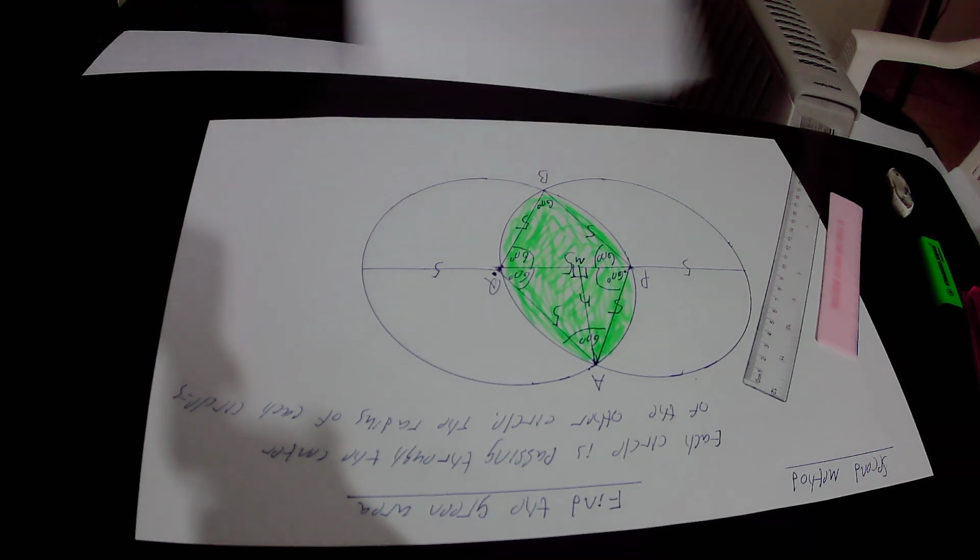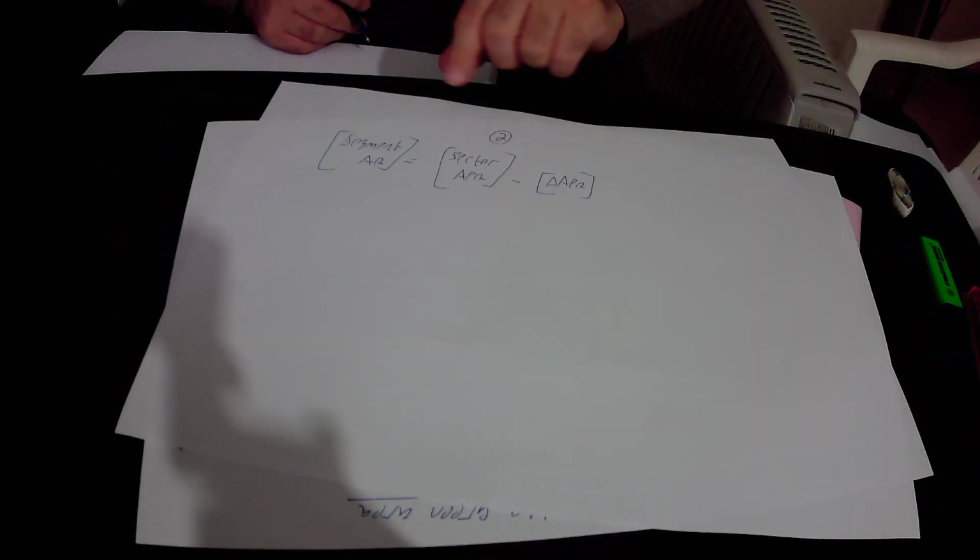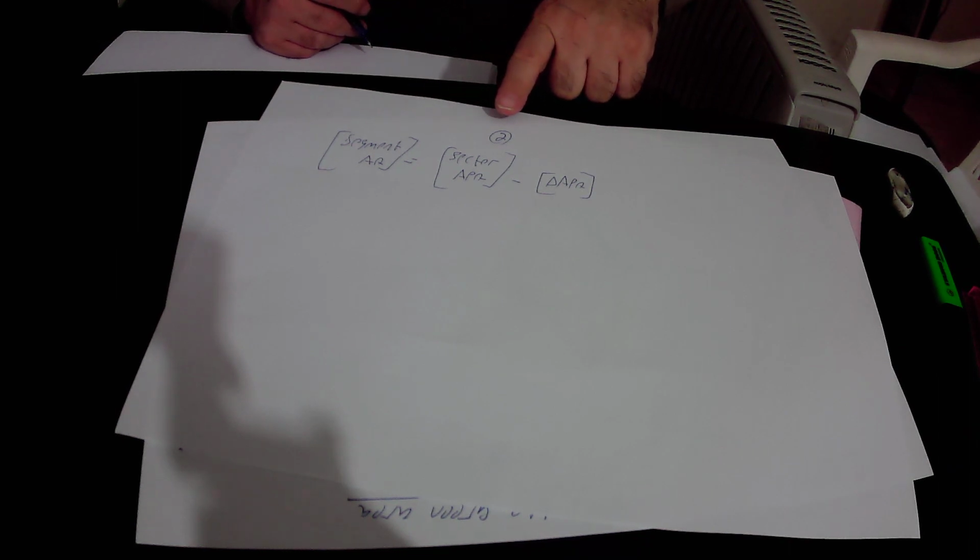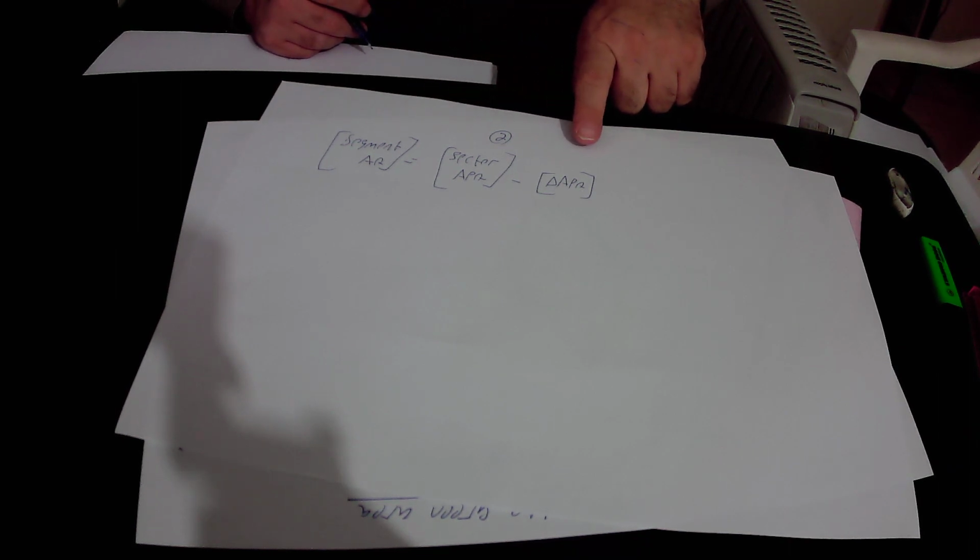I'll repeat again. The area of segment AQ equals the area of sector APQ minus the area of triangle APQ.